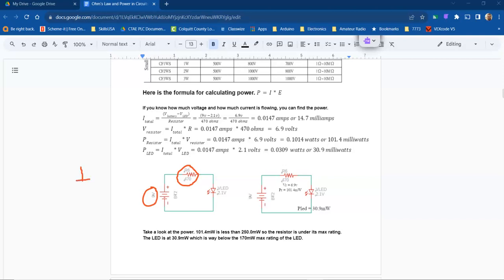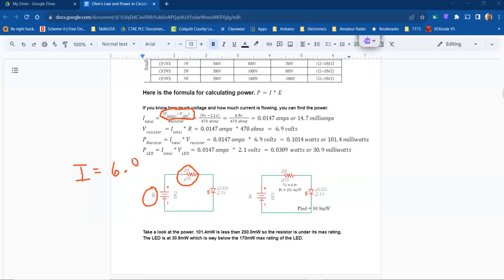So we're going to draw a letter I. Current equals voltage divided by resistance. And this is also, for this example, written right here. This is your voltage. You have to subtract the LED voltage because it's already going to eat some of this food supply. So when you subtract 2.1 volts from 9 volts, you're left with 6.9 volts.